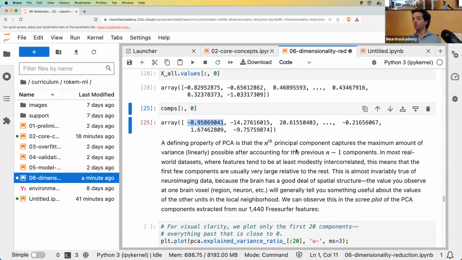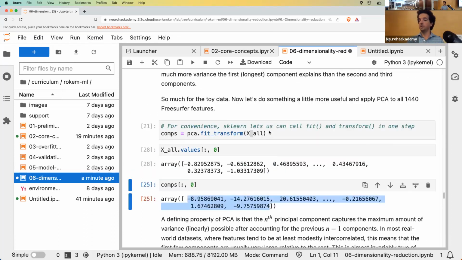And now one thing that we can do is, all of these are by construction uncorrelated with each other, right? Because they're orthogonal. And what we can do now is go back to the feature selection approach that we used before, find the 30 principal components that best correlate with the target, and do regression with those.